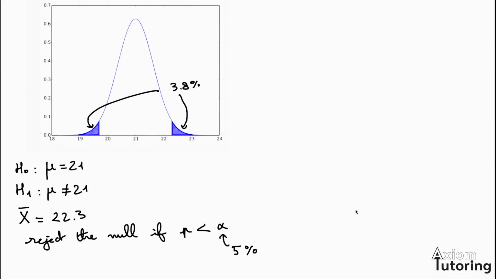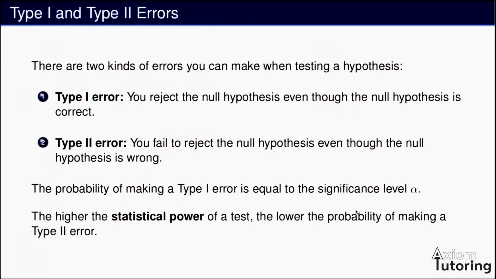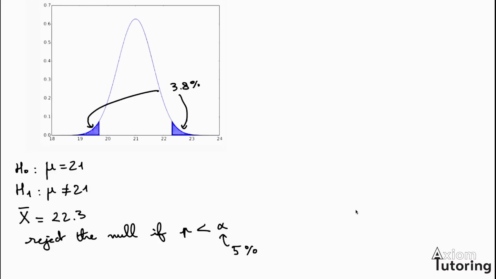So now let's think about the type 2 error. The higher the statistical power of a test, the lower the probability of making a type 2 error. And actually, if we call the probability of making a type 2 error beta, then the statistical power of a test would just be 1 minus beta. So what determines the statistical power of a test? Well, let's think a little bit about that.